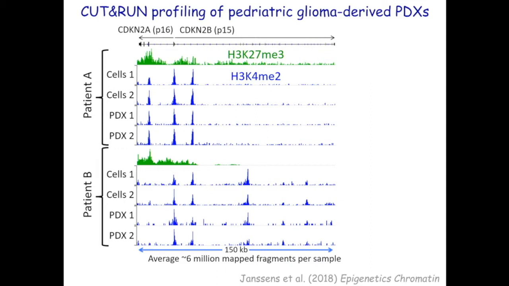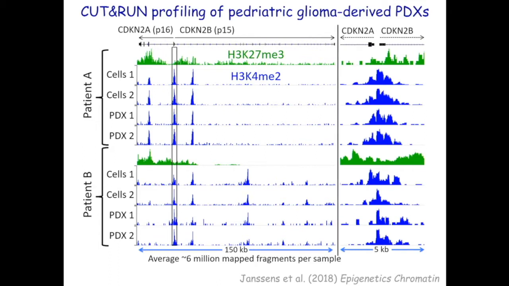And you'll also notice that the 2 different patients, these are pediatric gliomas, have different driver mutations that are responsible. And so you get very different epigenomic landscapes, because you see features here and here that actually differ between the 2.